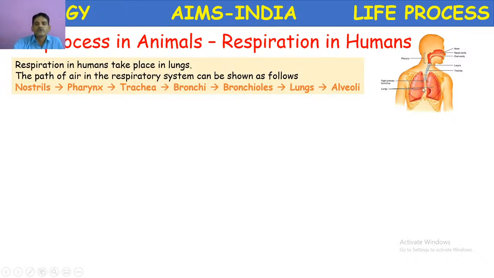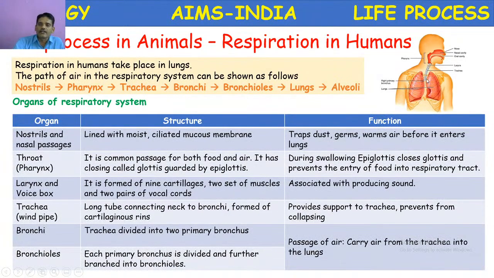It divides into two parts called bronchi, which finally divide into bronchioles. These bronchioles open into the lungs, into small structural and functional units of respiration, that is, alveoli, also called air sacs.